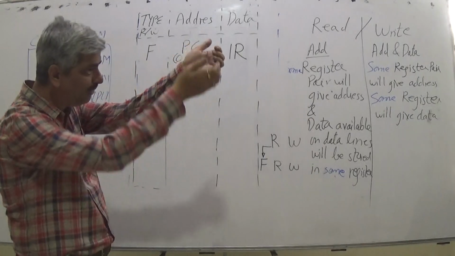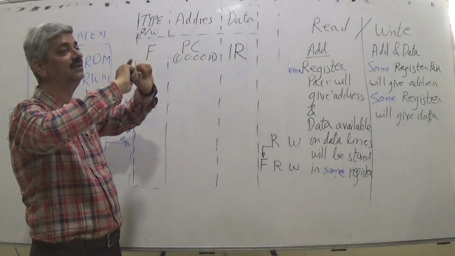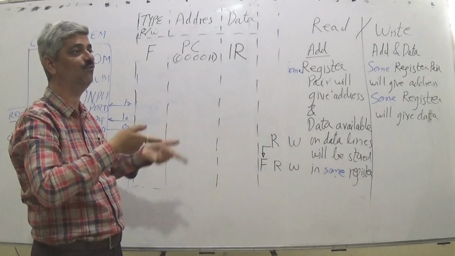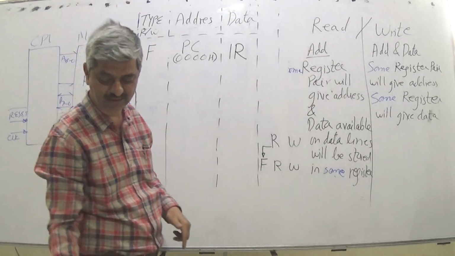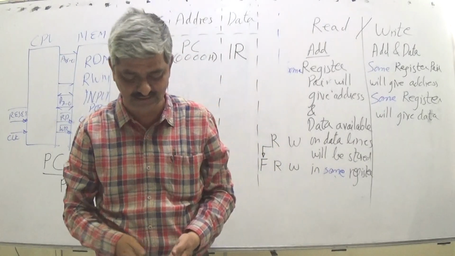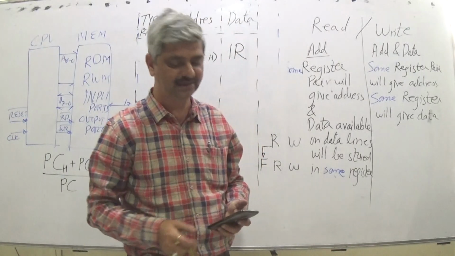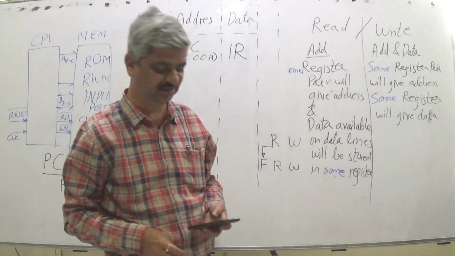That data goes to the instruction register, and depending upon its combinations, it tells the microprocessor what the next cycle should be. Based on what you read in the first cycle, what the next cycle is will be told, and that we shall continue in the next lecture. Thank you.